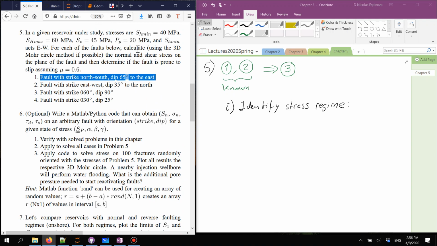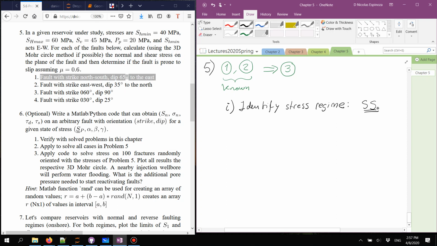So remember, in this case, we know what the stress regime is, and it's the same for all 4 faults. If we look at the stress regime, we see that SH min is 40 MPa, SH max is 60, and SV is equal to 45 MPa. So in this case, this is going to be a strike slip stress regime. So I'm going to write this over here. This is going to be strike slip.